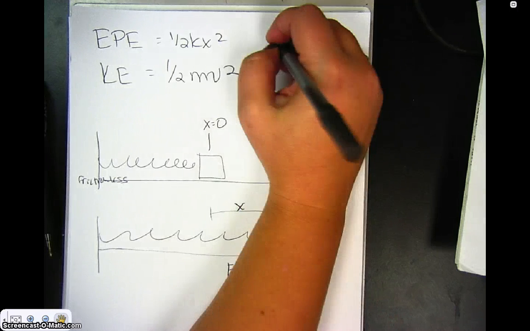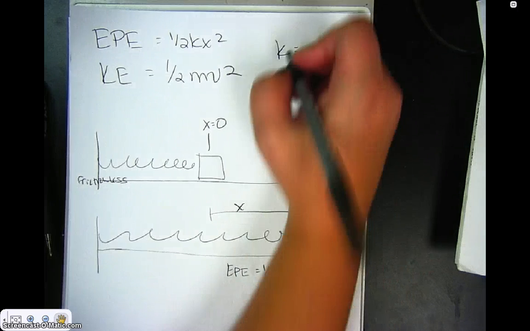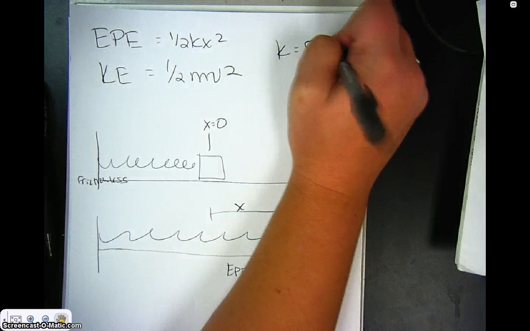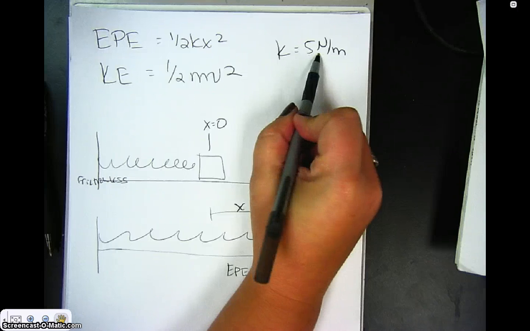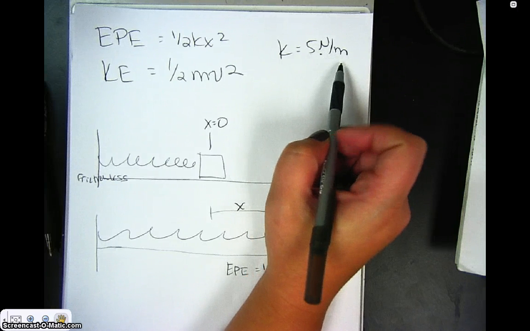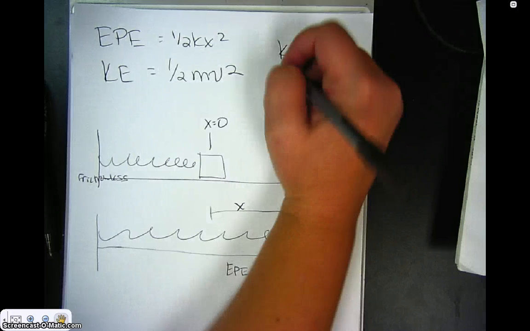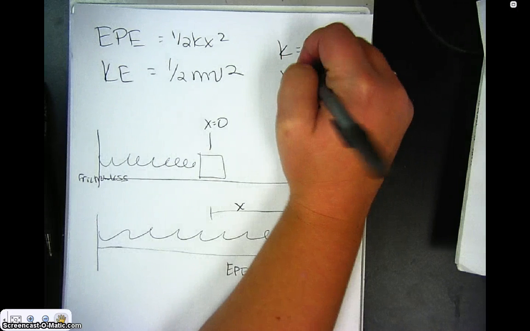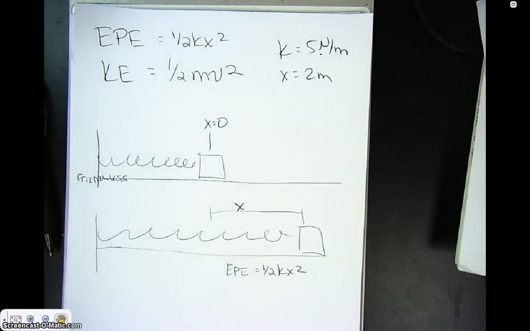Now let me come up with some numbers. Let's say that k is 5 newtons per meter, so that's 5 newtons of force to stretch the spring by 1 meter, and that's the spring constant. And let's just say I stretch it by x of 2 meters. Right?